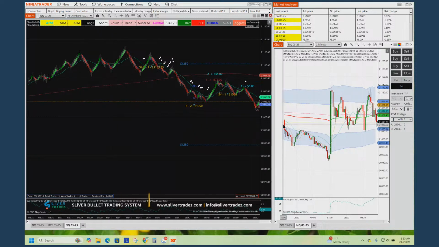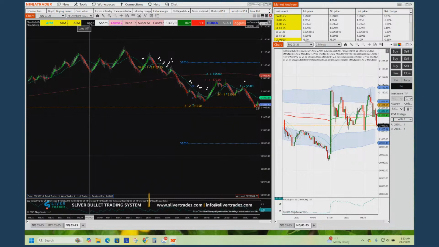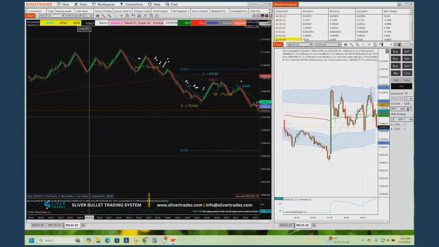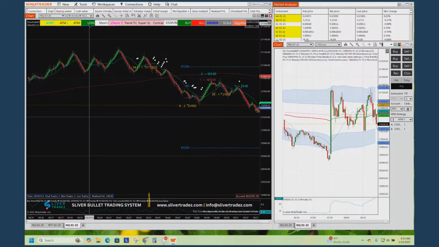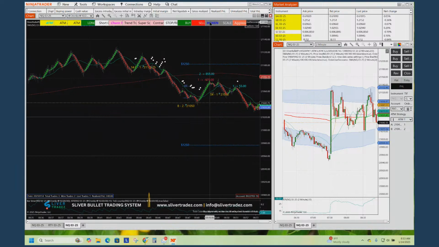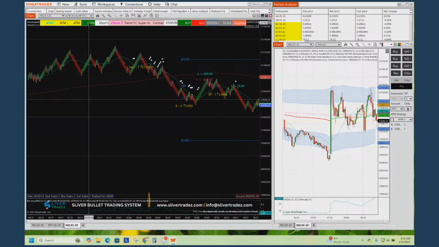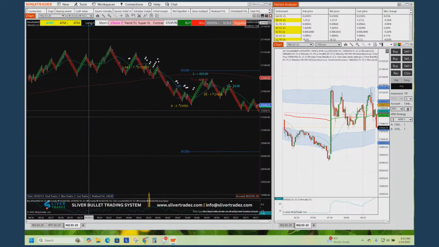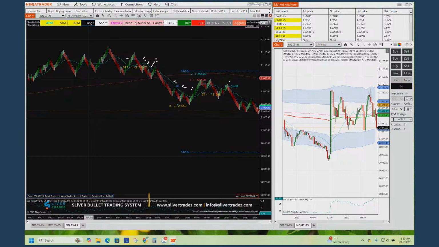If it had stretched, I would have tried to take a churn trade there. Use a counter trend strategy, churn trade.